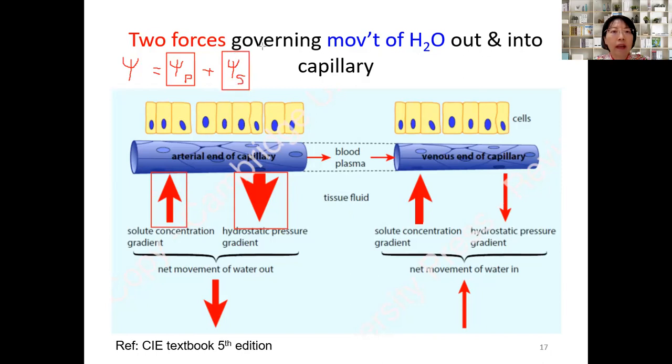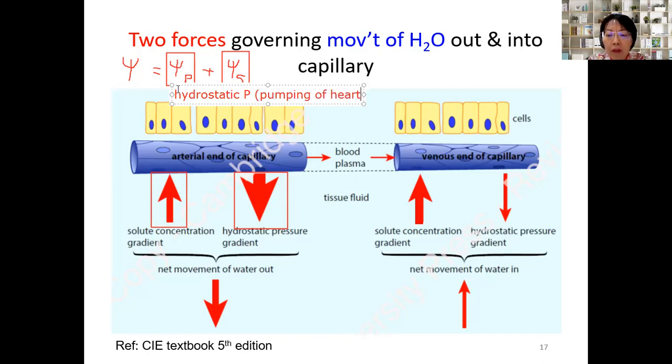Let's look at psi P first. Psi P inside the blood vessel is the hydrostatic pressure. This psi P is due to the hydrostatic pressure inside the blood due to the pumping of the heart, which I mentioned already yesterday.